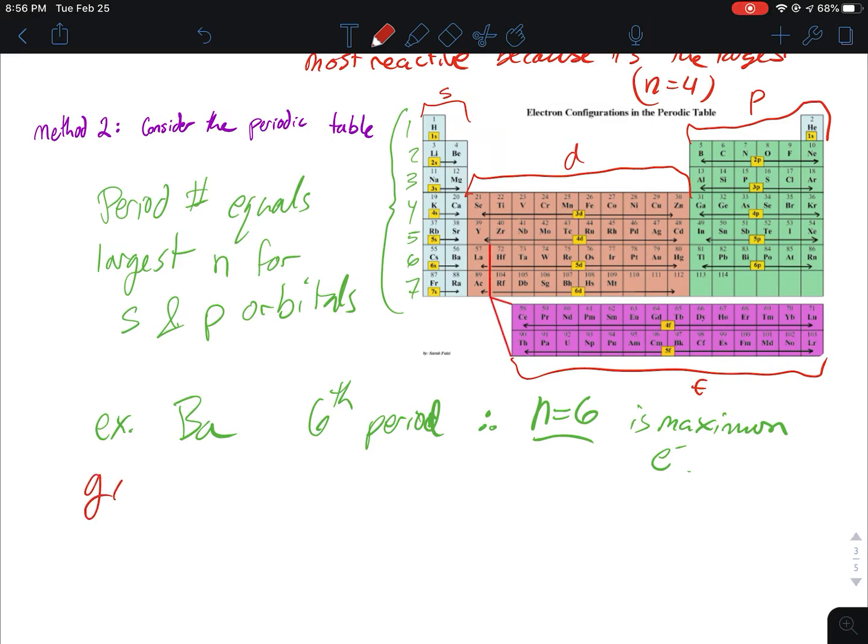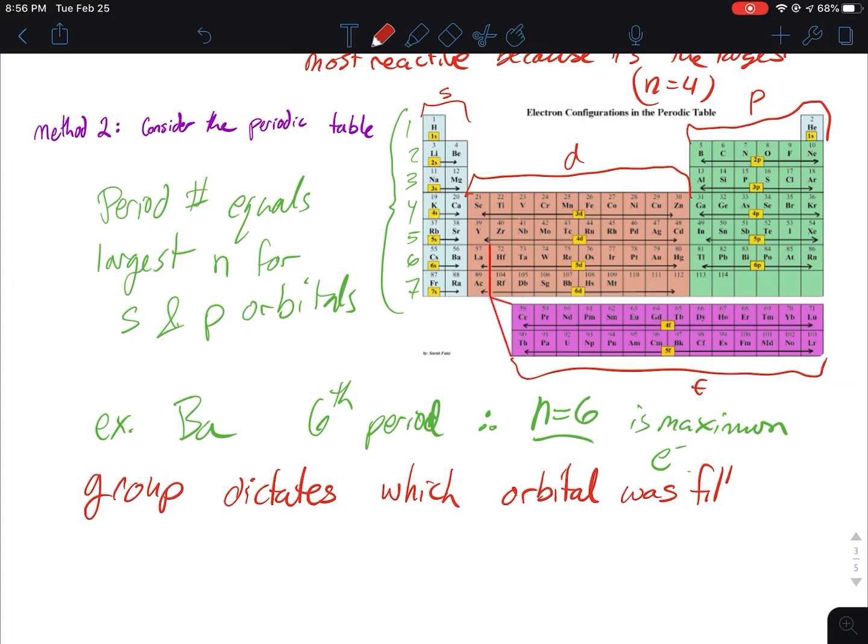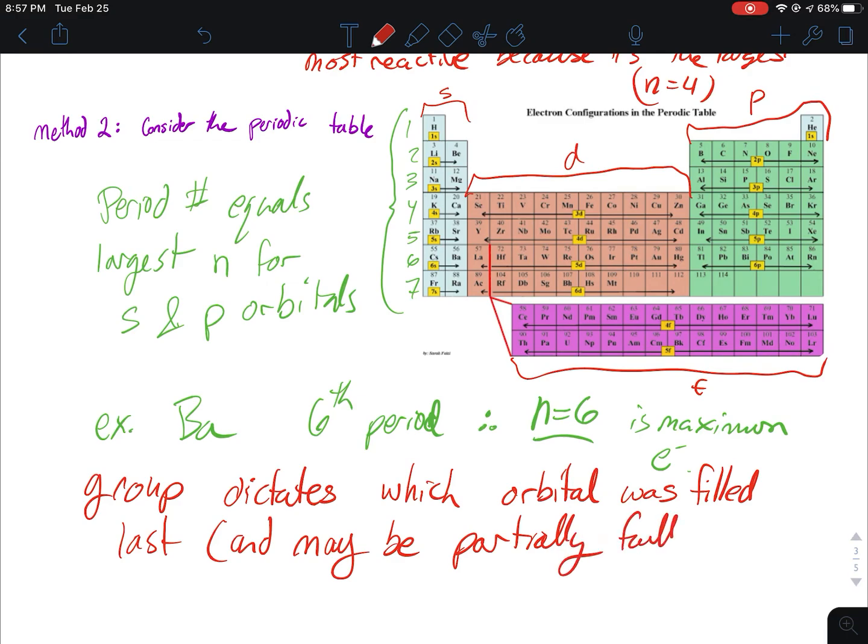So the group dictates which orbital was filled last, and may be partially full.